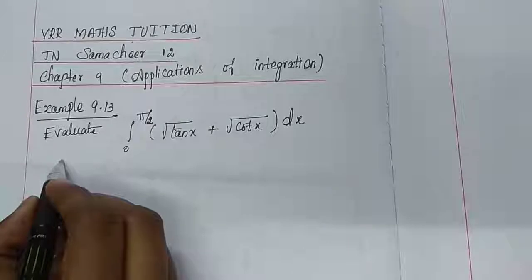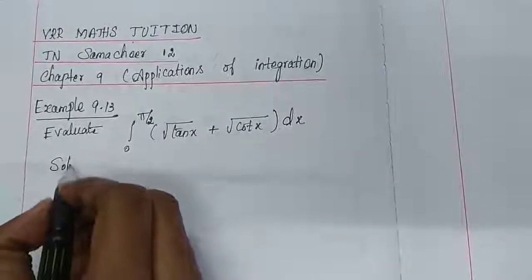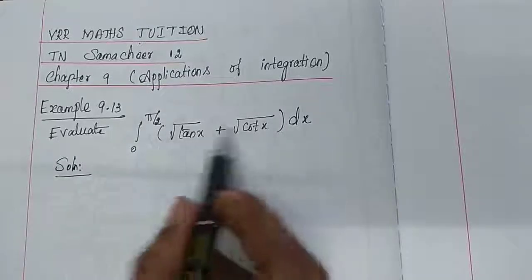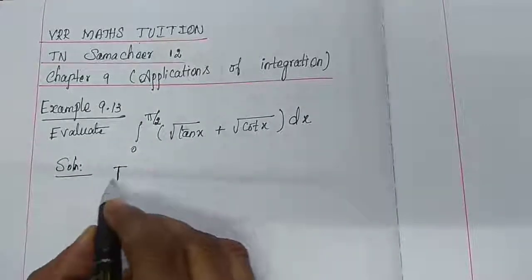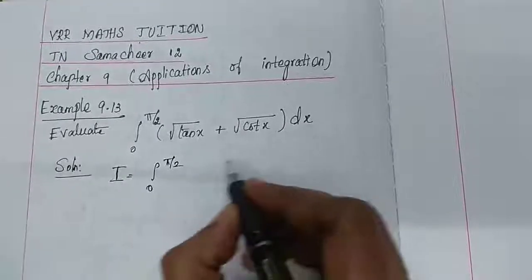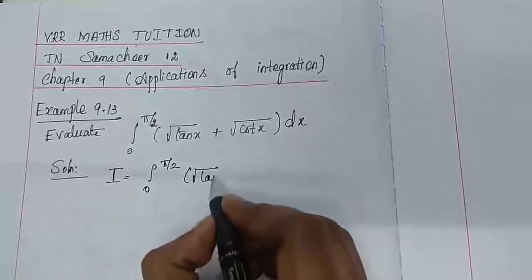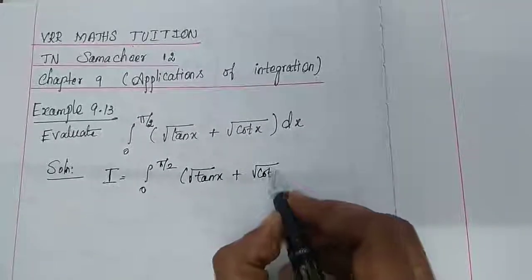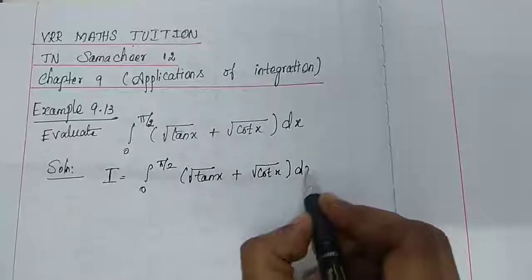Solution. First take the given question as I. So I is equal to the integral from 0 to pi by 2 of root tan x plus root cot x dx.